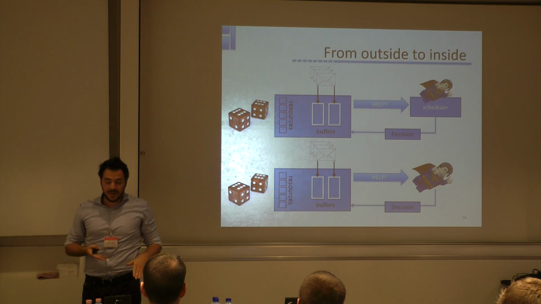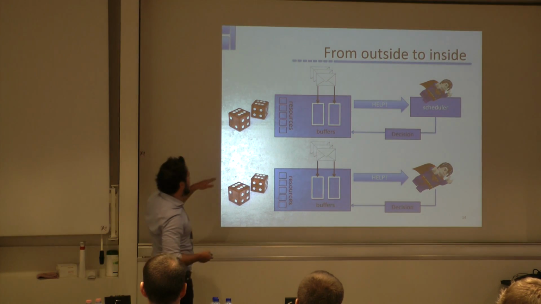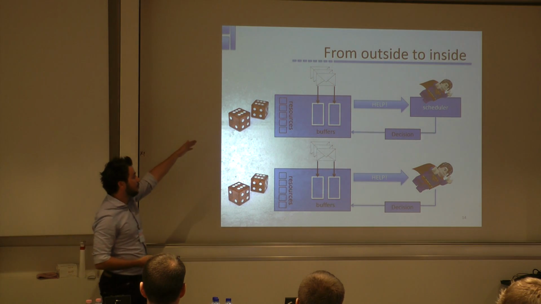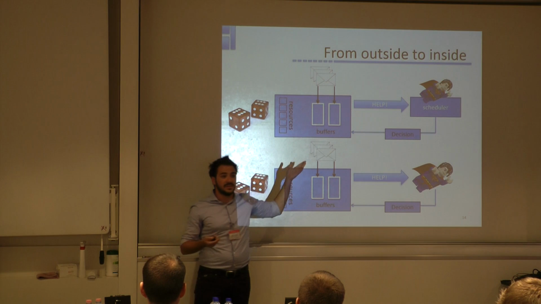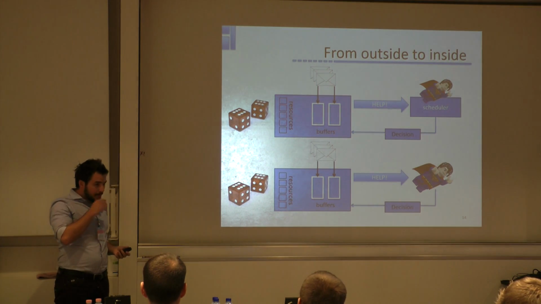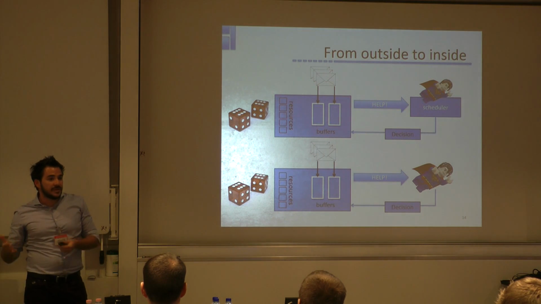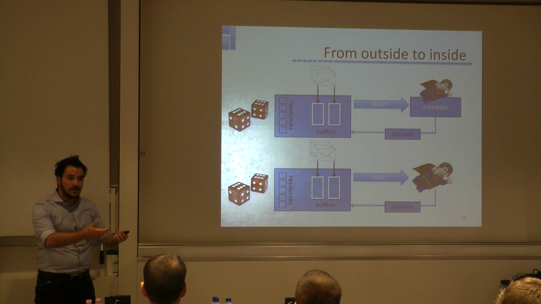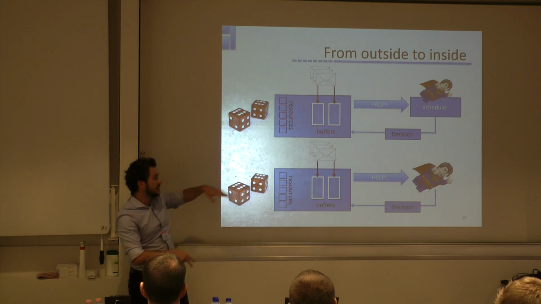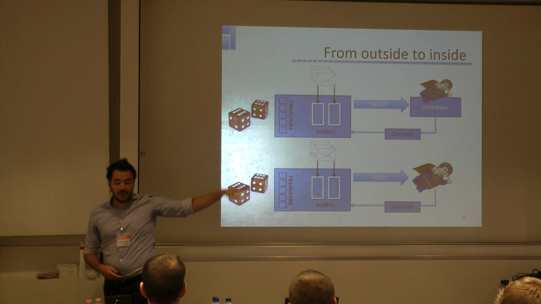But what will happen if the random numbers that I'm generating depend on the scheduling decision? For example, because I'm generating a packet every time I send some packet out. Of course, those two streams will diverge as the simulation progresses.